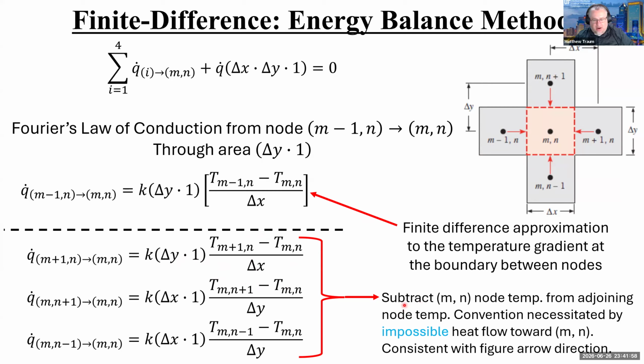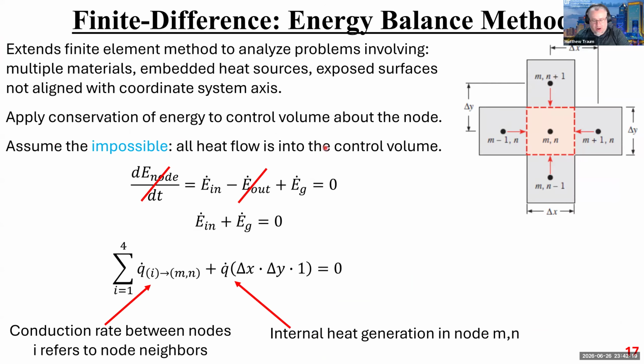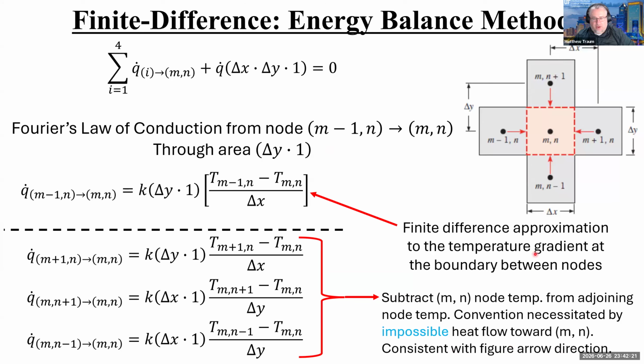Then I say here we're going to subtract the m, n node temperature from the adjoining node temperature. This is what I was saying before. This convention is necessitated by the impossible heat flow towards m, n that we assumed before, but is still consistent with the flow direction. What we'll see in the next step is that because we made this assumption that all of the heat is traveling from each of these nodes to the center, we don't have to keep track of what's positive, what's negative, what's in, what's out.